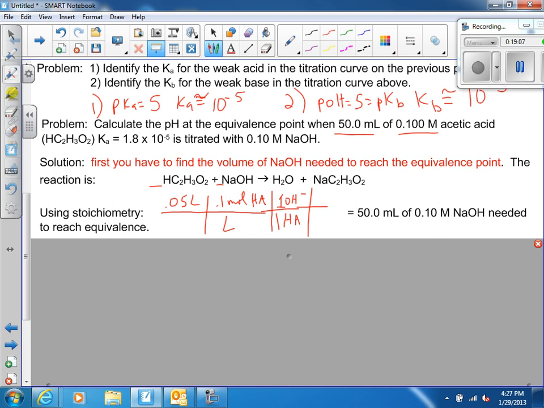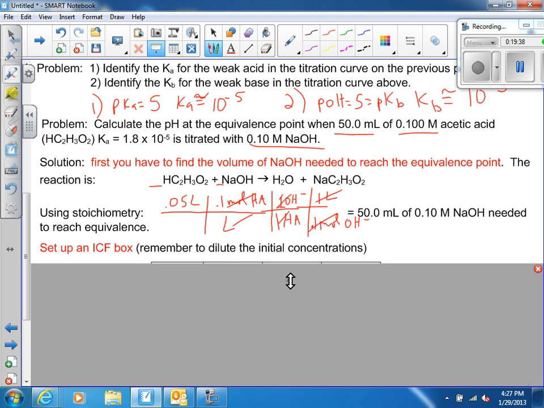And I have 0.1 molar NaOH. So for 0.1 moles OH minus, I have 1 liter, and that is equal to 50 milliliters. Because the 0.1s cancel, the 1s cancel, liters cancel, everything cancels. 0.05 liters is 50 mils. So I know I need 50 mils.